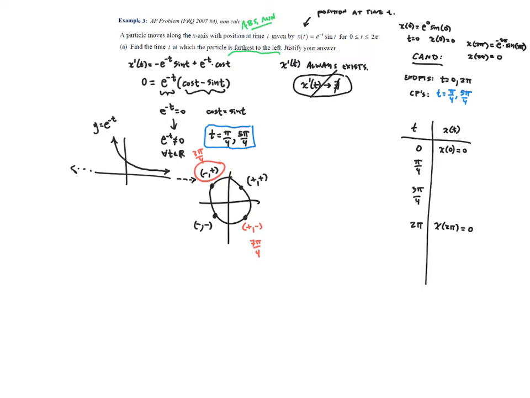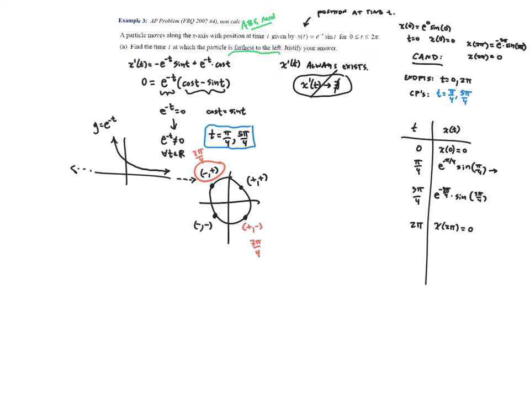Let's plug in a pi over 4. We would take e to the negative pi over 4 times the sine of pi over 4, and e to the negative 5 pi over 4 times the sine of 5 pi over 4. Really all I'm interested in here is what time it happens. I don't care what the actual position is.